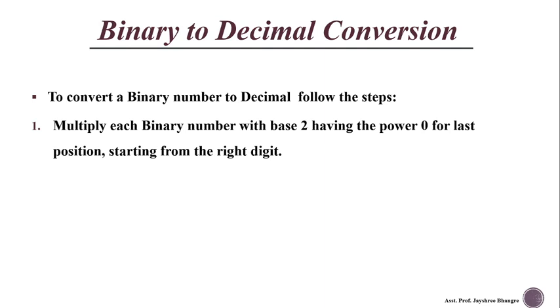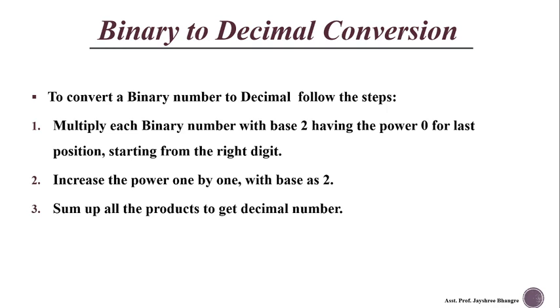That means we start from the LSB digit and move towards the MSB. As we move from LSB to MSB, or from right to left, we increase the power of 2 by 1. After that we sum up all these products to get the decimal number.